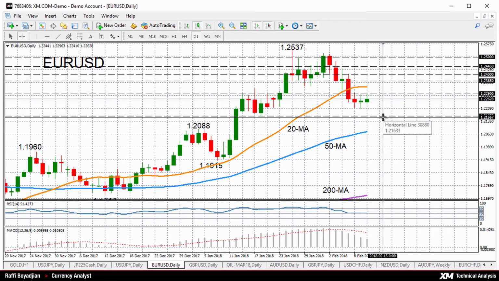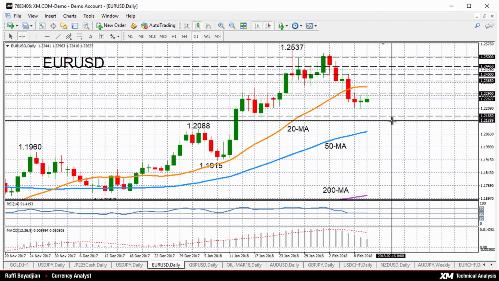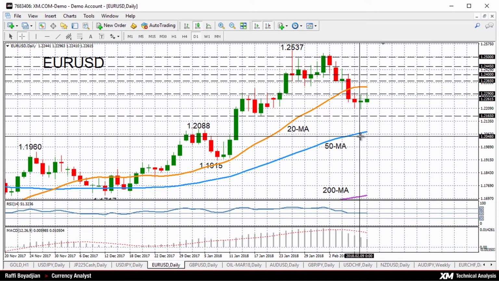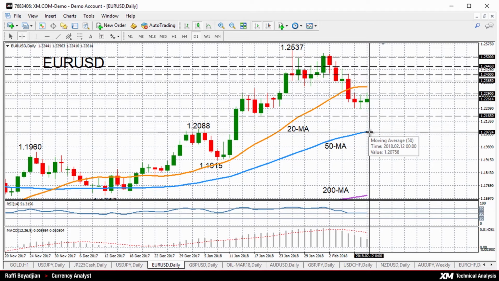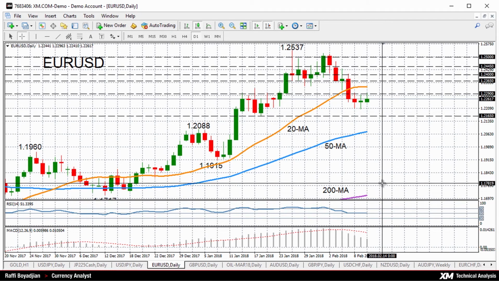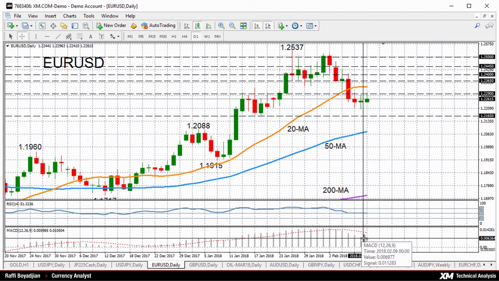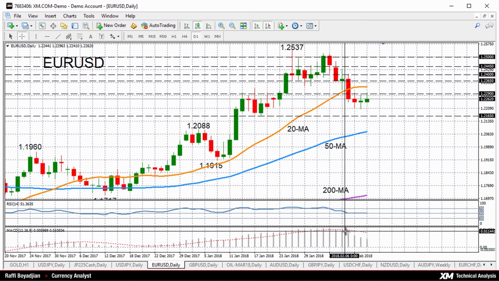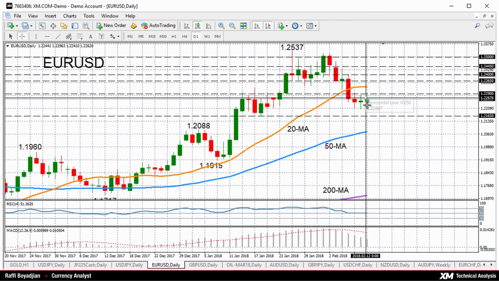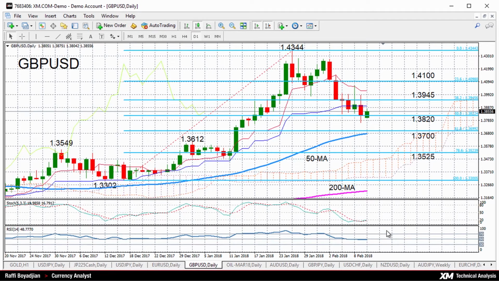To the downside, the key support to watch for is the 1.2165 level, and then below that we have the 50-day moving average at around 1.2075. In the medium term, euro dollar is still very much bullish, though we can see from the MACD there's been a loss of momentum in recent weeks, but it's still comfortably above the 50-day moving average.